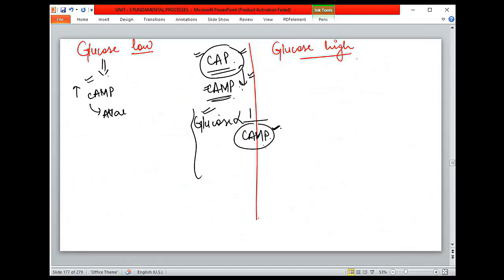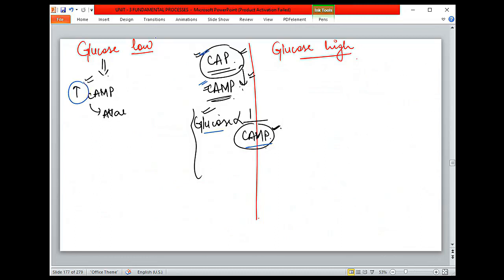Okay, let's complete this last chunk. Everyone understand this? When the glucose levels are low, we were discussing that glucose and cAMP are inversely proportional to each other. CAP and cAMP, both of these are required for better performance of your operon, right?